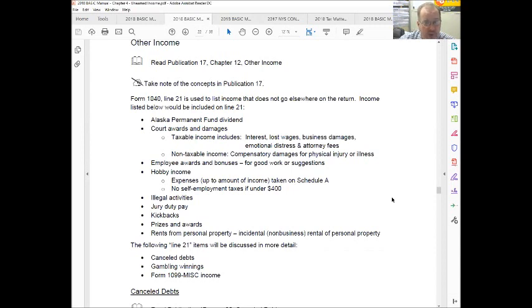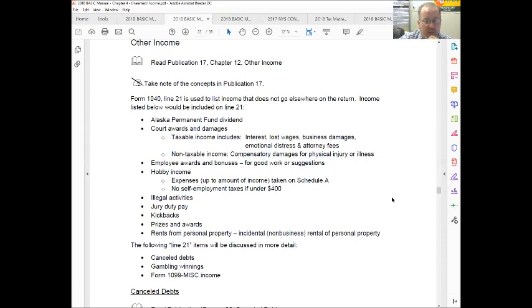Again, make sure you understand, taxable income is interest, lost wages, business damages, emotional stress, and attorney fees that you are paid, okay? If it's for personal or physical injury, all right, that is non-taxable.